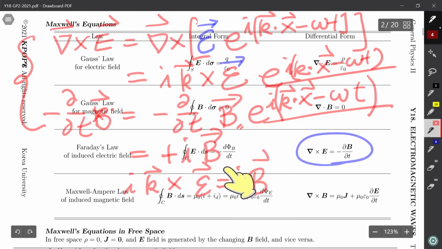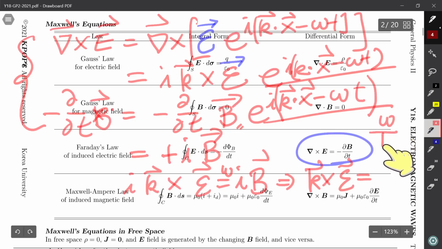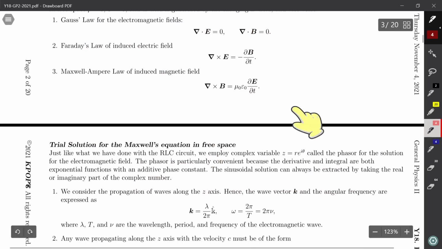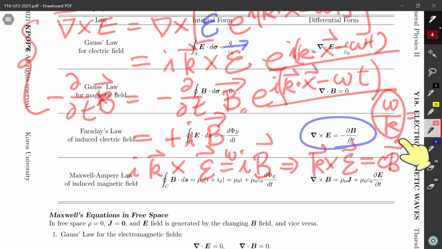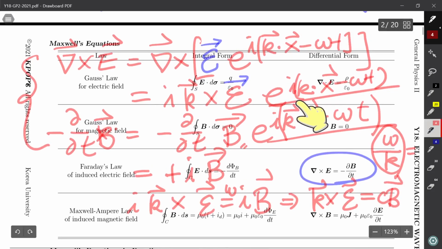Omega is there, i cancels, k cross E equals omega over k, which is the speed of light, times v. So Faraday's law shows that k cross E equals cB.